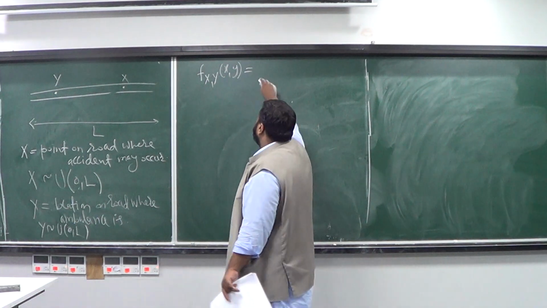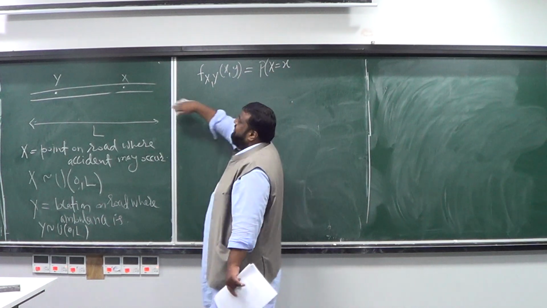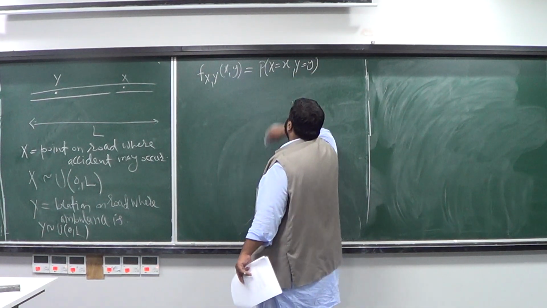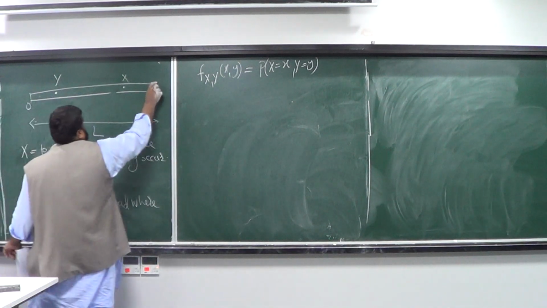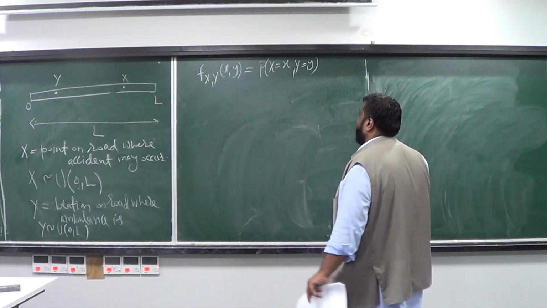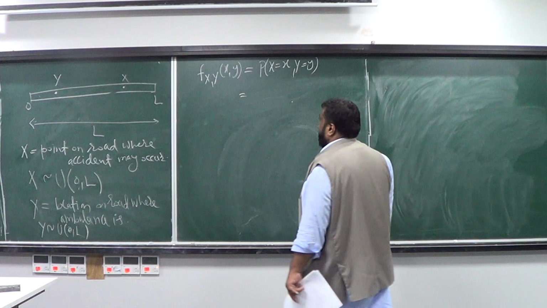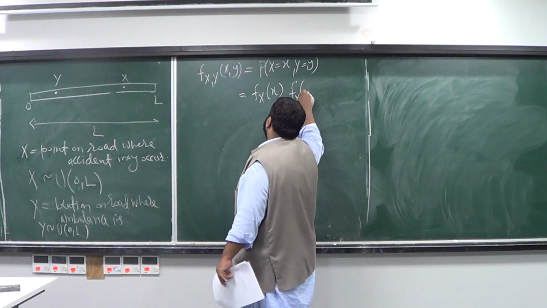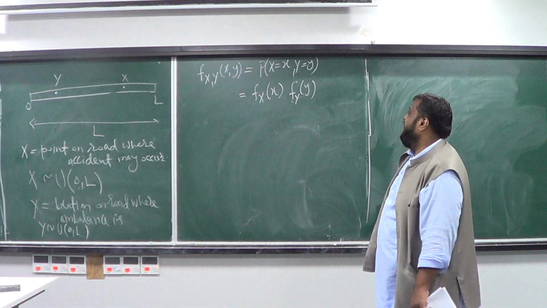In other words, it means the probability that X is at location x on the road and Y is at location y on the road. Say you call this a 0 point, a starting point, and this an ending point, L. Or you can flip it as well. Now since X and Y are independent, you can write this as f_X of x times f_Y of y.